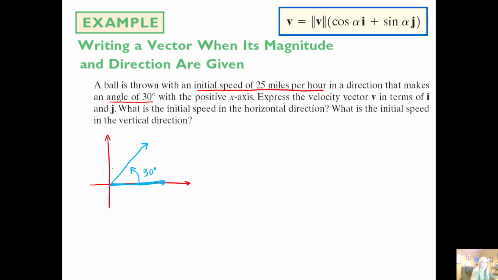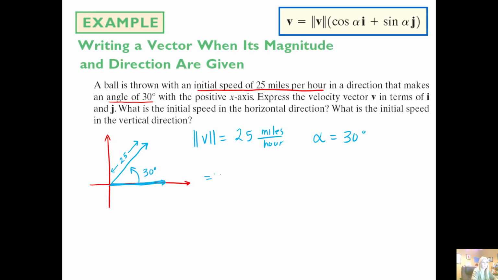And the speed magnitude is 25. So for the initial speed, I can find the magnitude of the vector. It was given: 25 miles per hour. And alpha is 30 degrees. So all I have to do is plug all this into the formula in that upper right-hand corner.